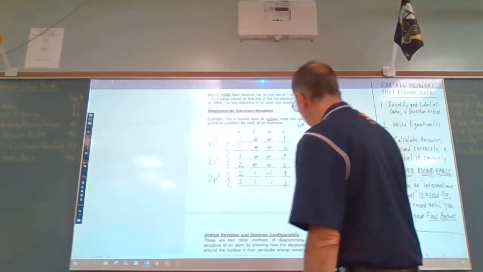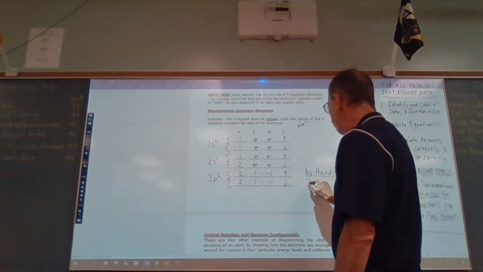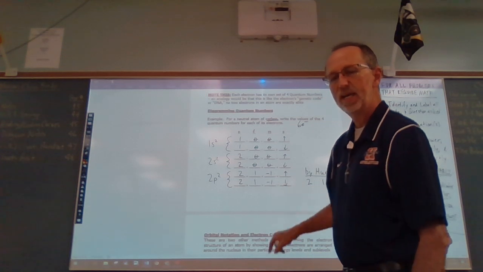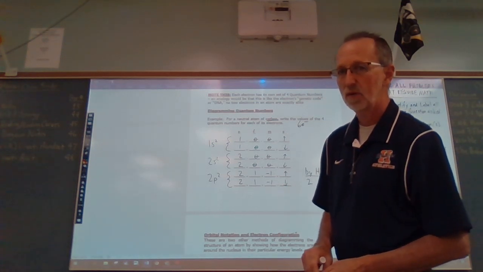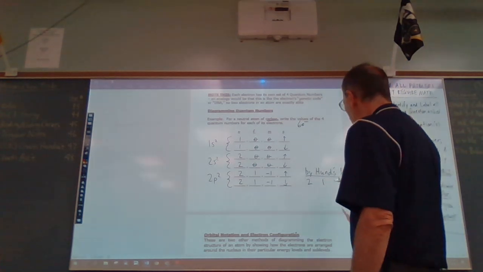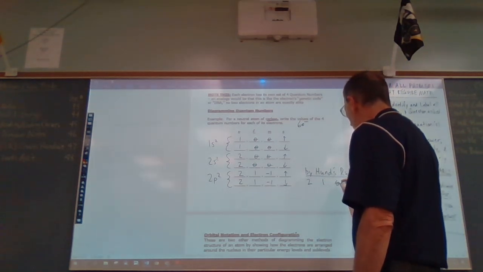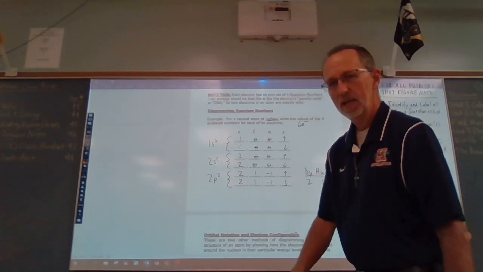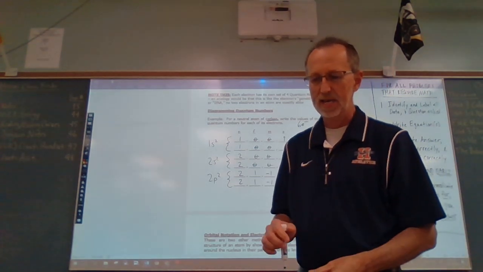What would it be? It would still be 2, 1, but instead of negative 1 down, where negative 1 represents the 2px orbital, 0 represents the 2py. So we would go 2, 1, 0, and then up. Same spin, clockwise, as the 2px.